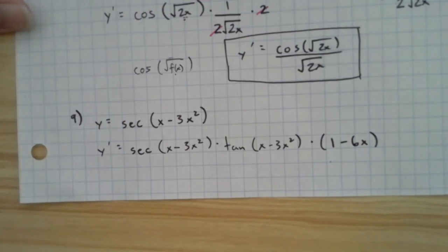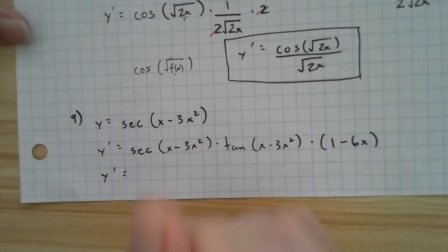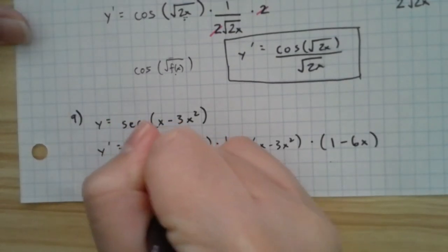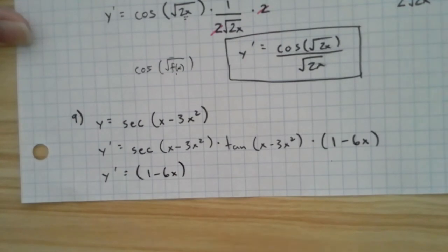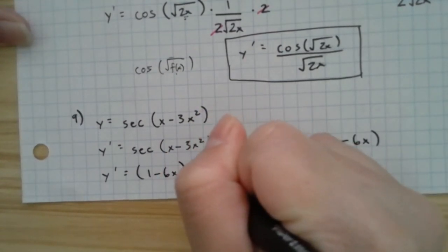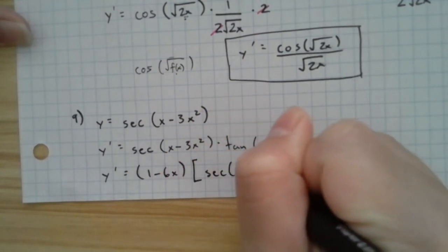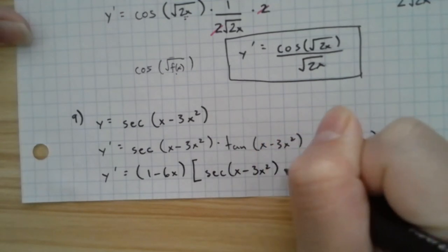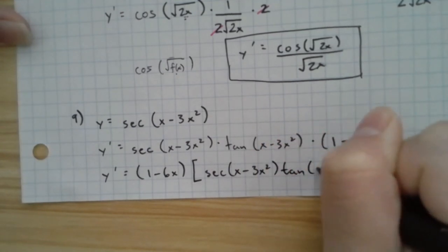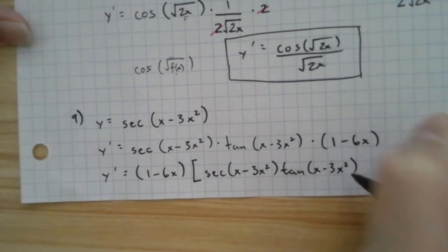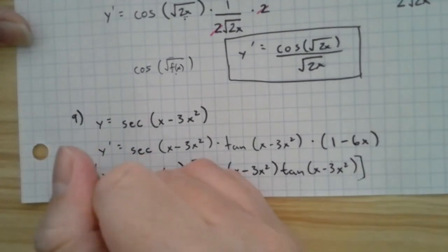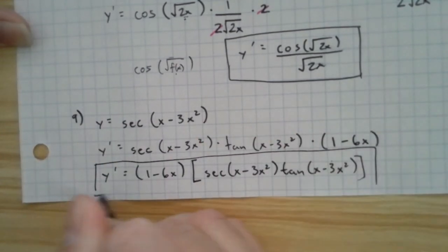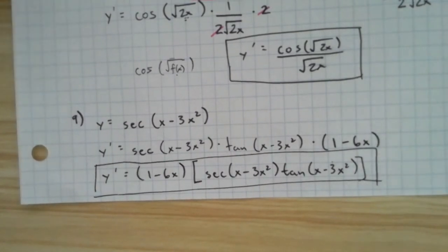And so, I mean, there's really nothing you can do aside from just moving this to the front. And so that'll be 1 minus 6x. I'll put a bracket, secant x minus 3x squared tangent x minus 3x squared. Boom.